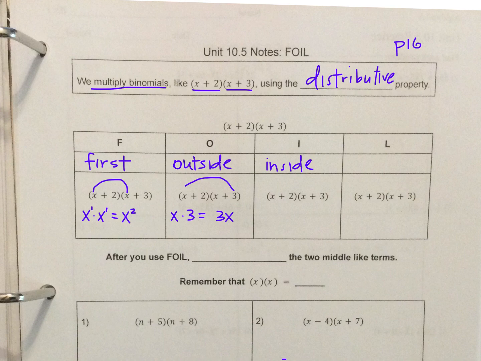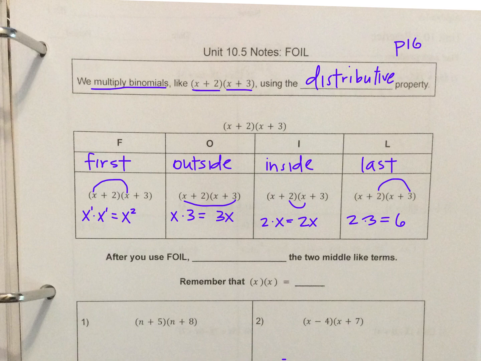Actually, when I draw my lines for my outers, I always go underneath. The inside one would be 2 times x, which is 2x. And L stands for last, the last term in each group. 2 times 3 is 6.